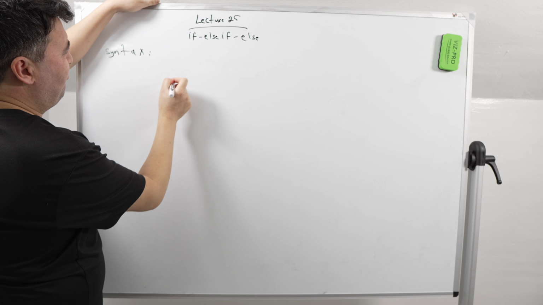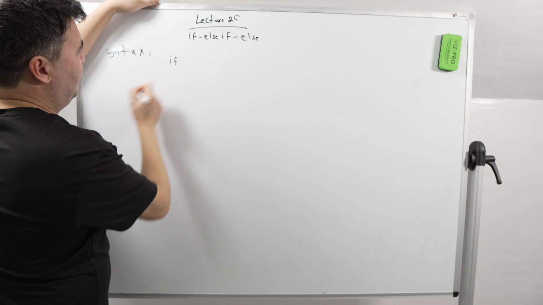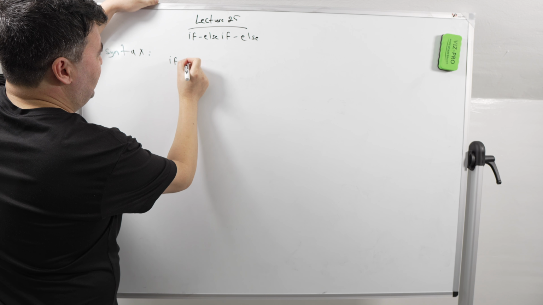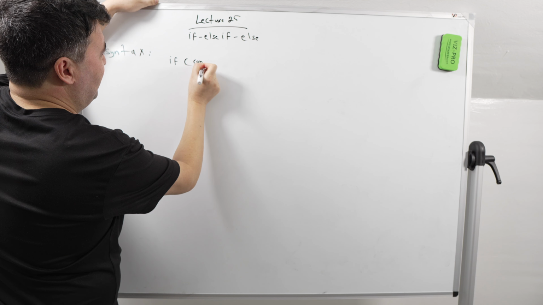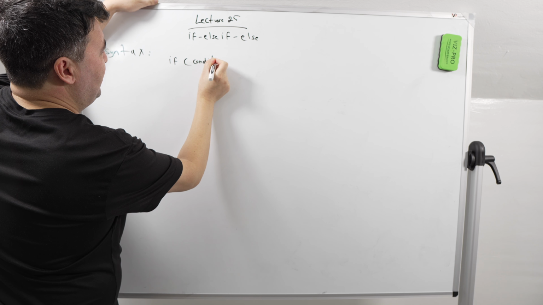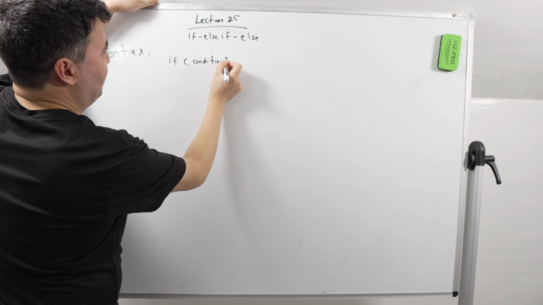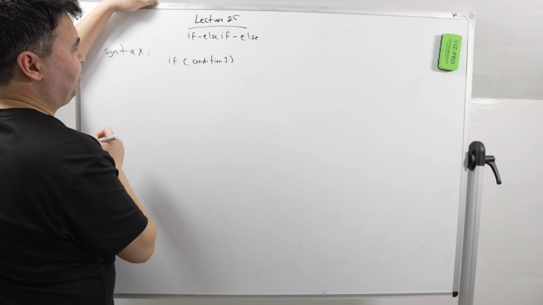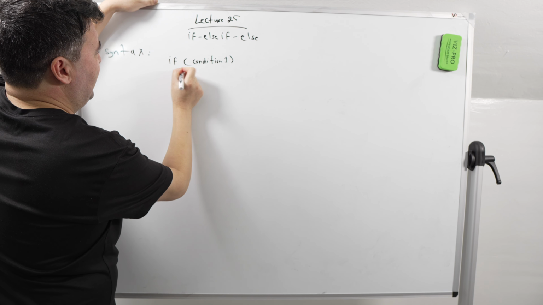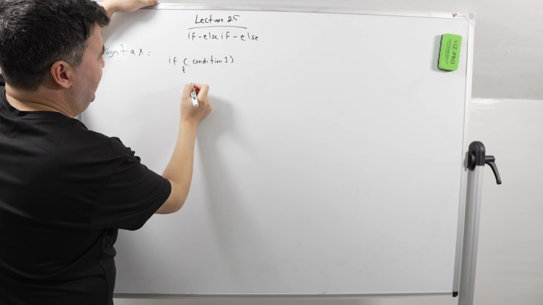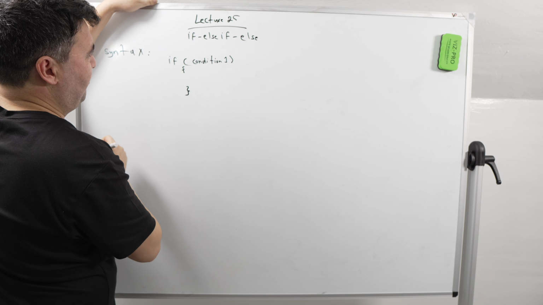First we have the if. As we know, the if checks the condition. Inside parentheses we have condition 1, our first condition. Then we open the if block and close the if block.